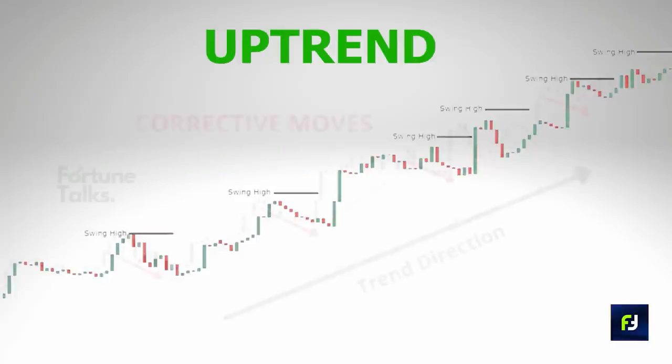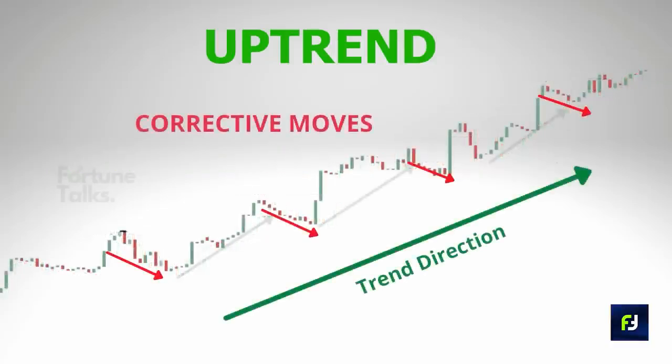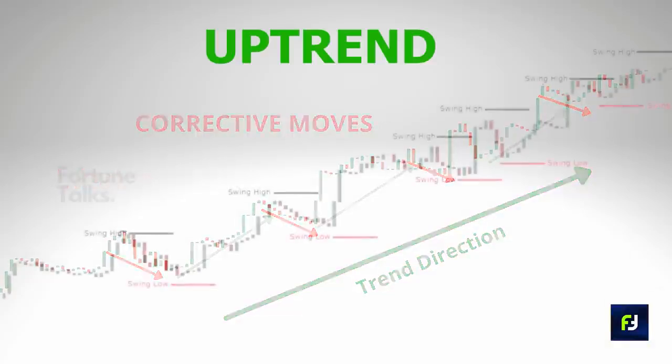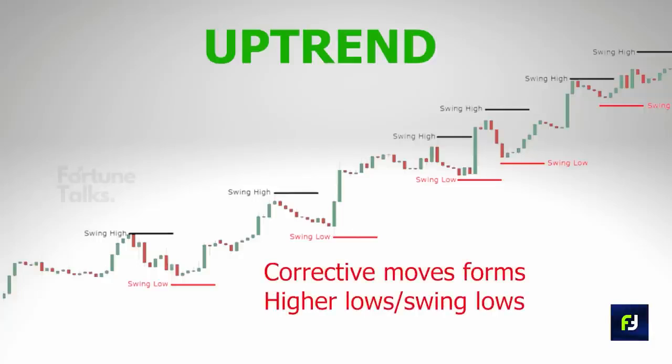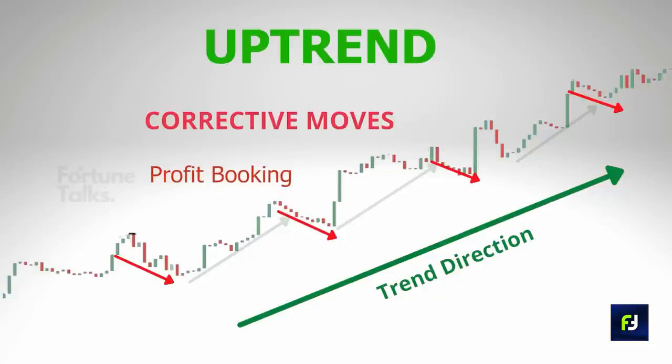The impulse move is followed by a corrective move in the opposite direction of the prevailing bullish trend. The corrective move usually includes a lesser number of weaker candlesticks that forms a lower price, but this lower price is still higher than the previous lower price formed. The corrective moves are generally due to profit booking by some traders.